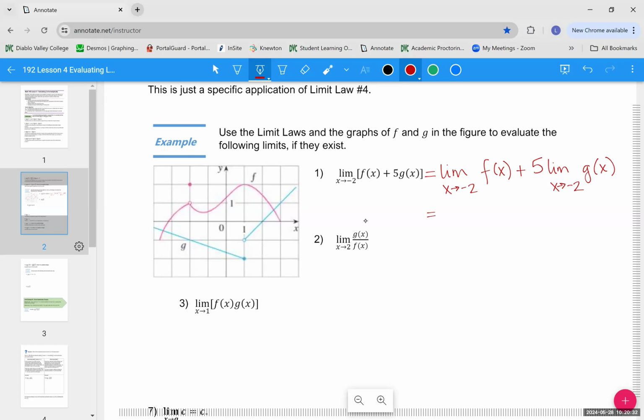And so then we'll just go to the graph and evaluate these limits. So as x approaches -2, if I'm looking at the function f, that's this pink function, on both sides of the -2, the y values are approaching this open circle here, which is at 1.